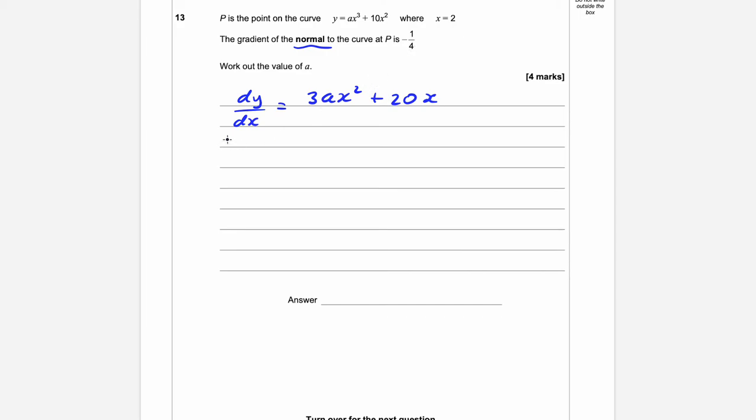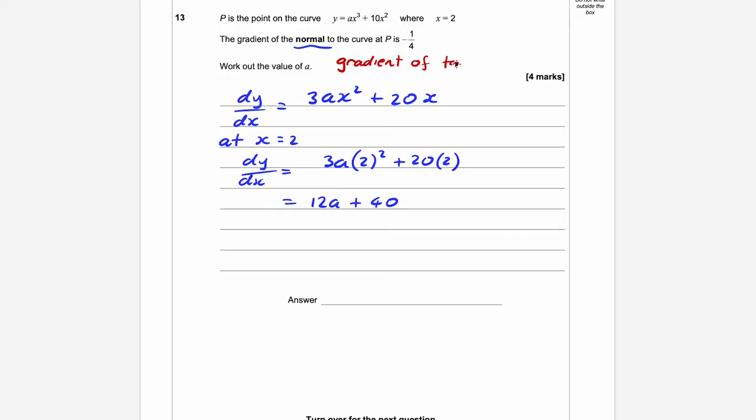Now, at x equals 2, dy dx equals 3a times 2 squared plus 20 times 2, which equals, that's 4 times 3 is 12, 12a plus 40. Okay, now this is the gradient of the tangent. The gradient of the normal is minus 1 over 4. So the gradient of the tangent, let me just write it up here, is the negative reciprocal.